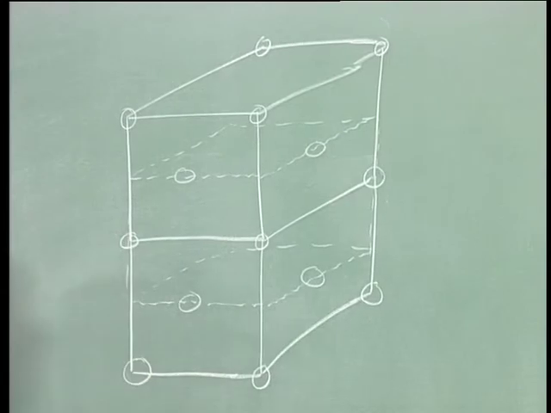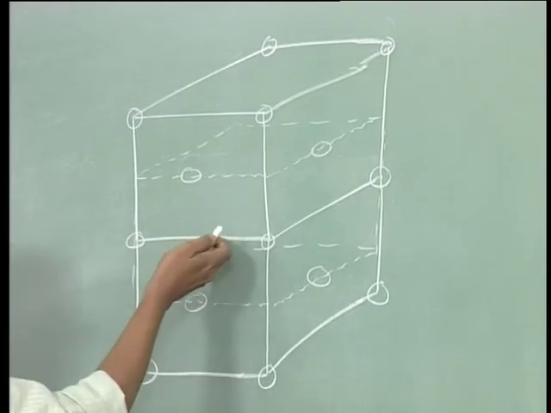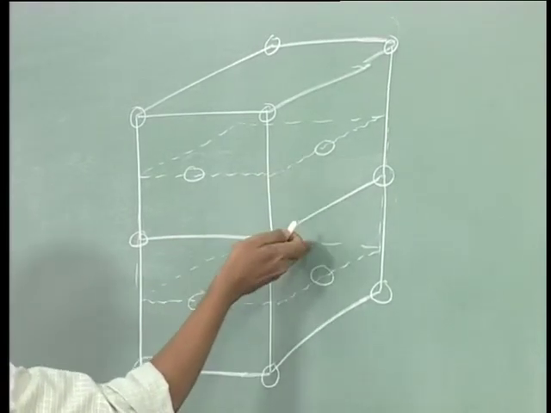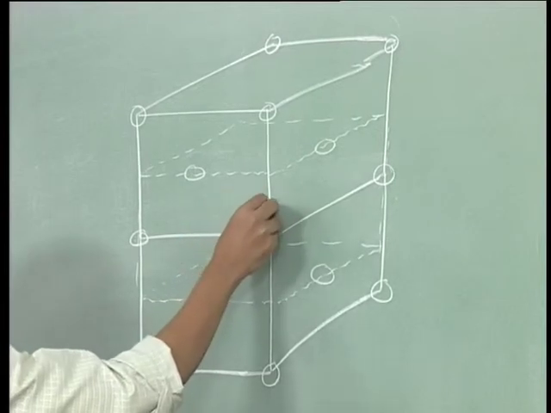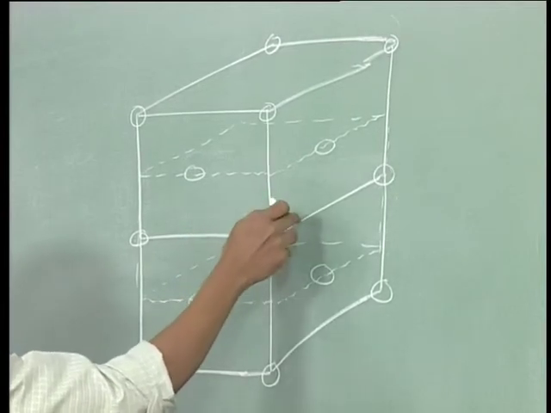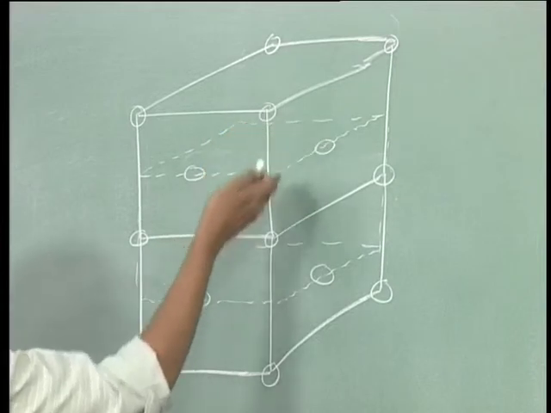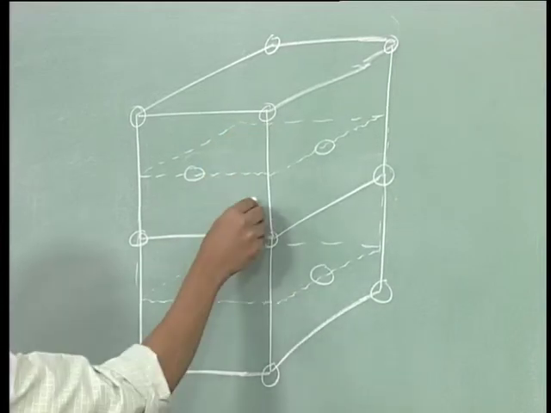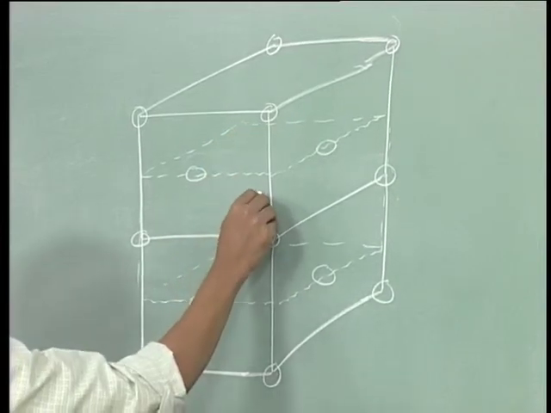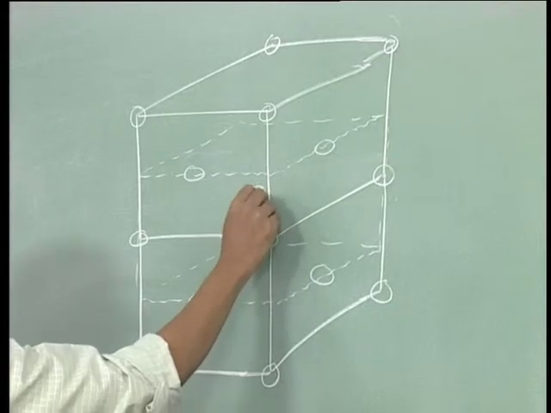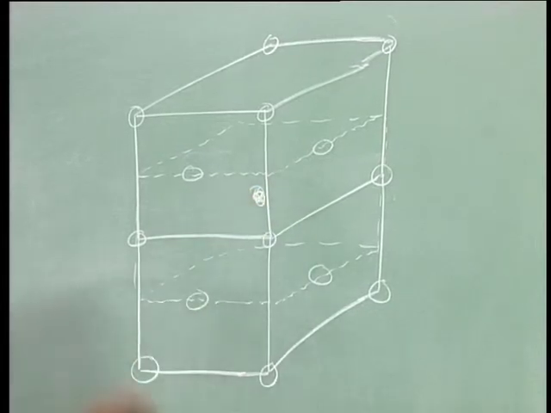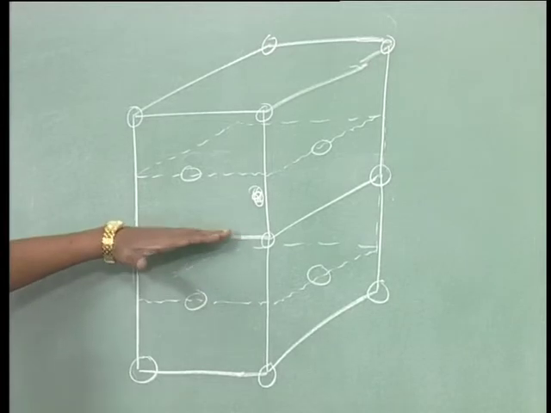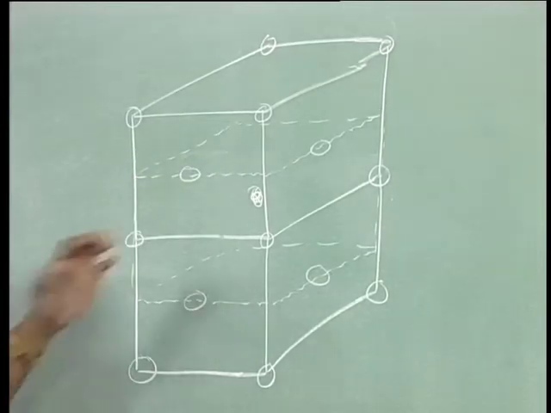The reason we would like to do this is because this plane, which is between these two unit cells, has in the middle of it one lattice point. That is the face center of the basal plane of this unit cell, or the top plane of this other unit cell. So right in the middle there is a lattice point, which is the center of the plane between these two unit cells.